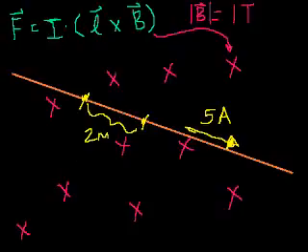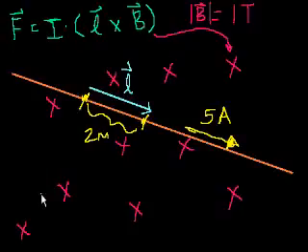This is L. Sometimes I get a little carried away on tangents. So that is L. It's 2 meters in that direction. I is 5 amperes, and we already figured out that the magnetic field is 1 Tesla.